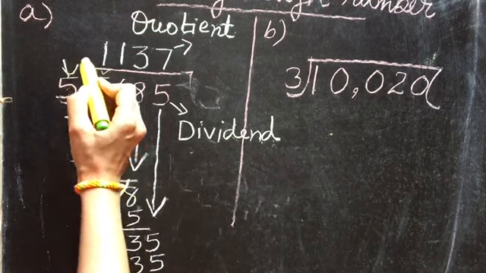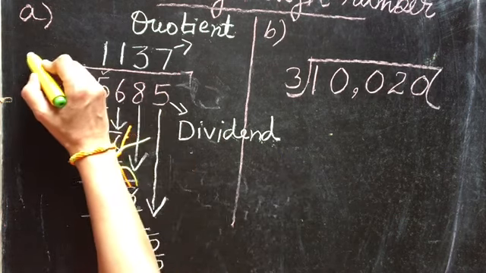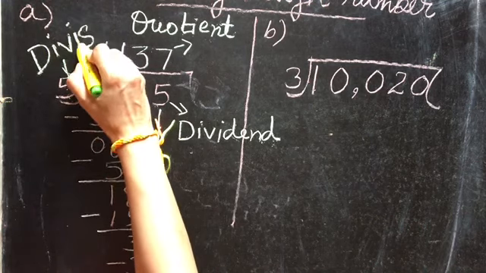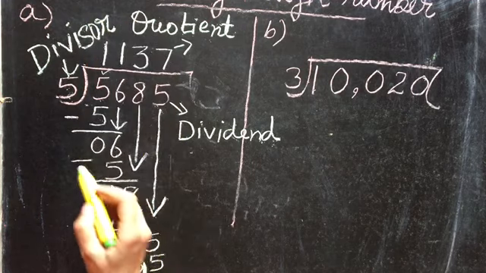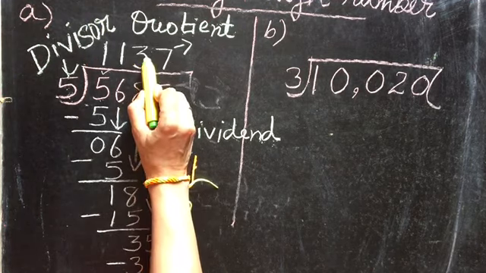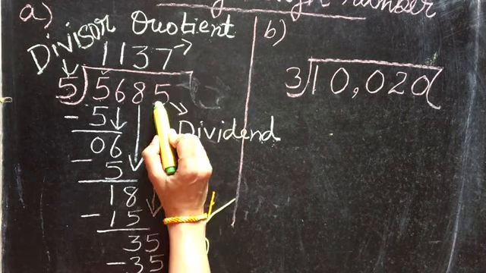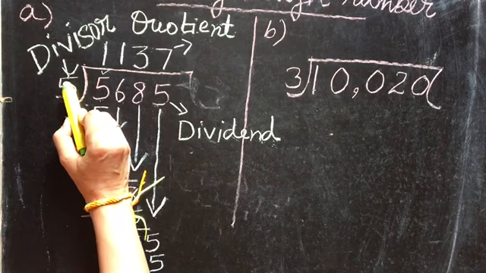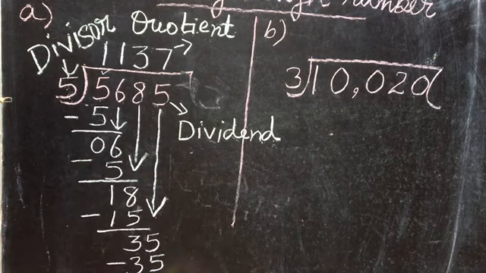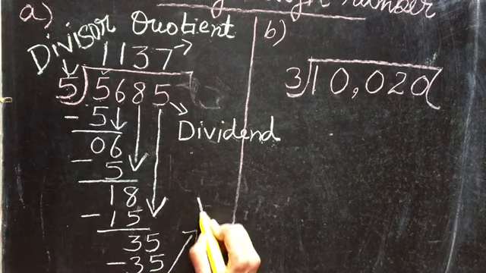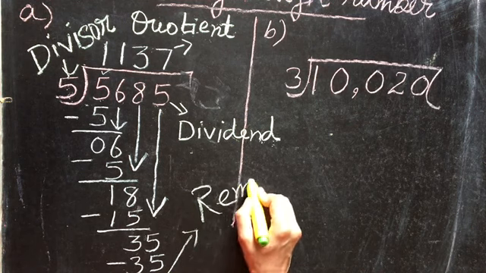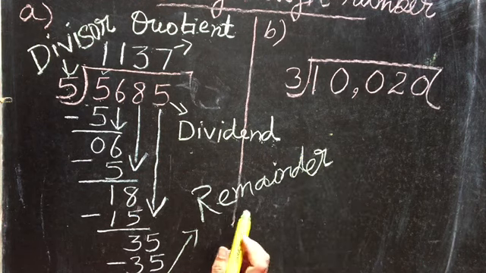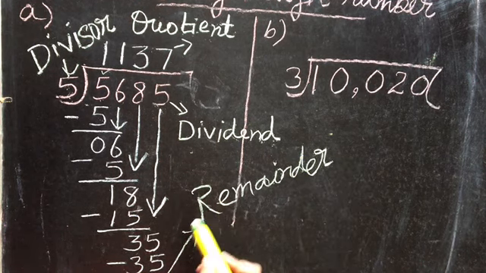This is called the divisor. So again, the answer is called the quotient. The number which we divide is called the dividend, and the number by which we are dividing is the divisor, and in the end what you are getting is the remainder. Fine. So these are the 4 terms that we are going to use in this.